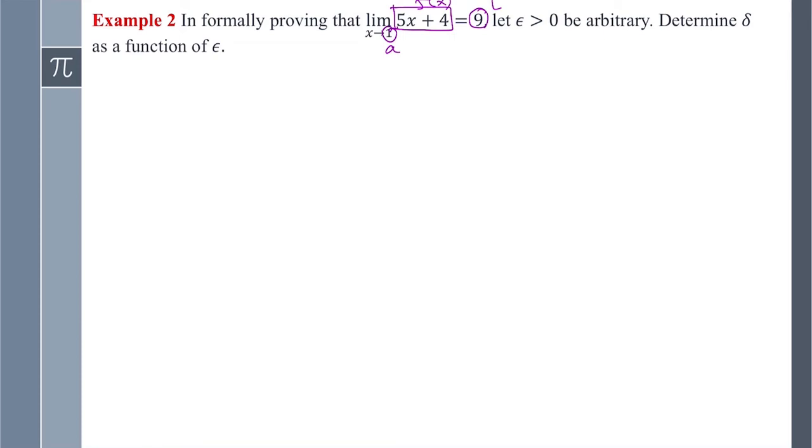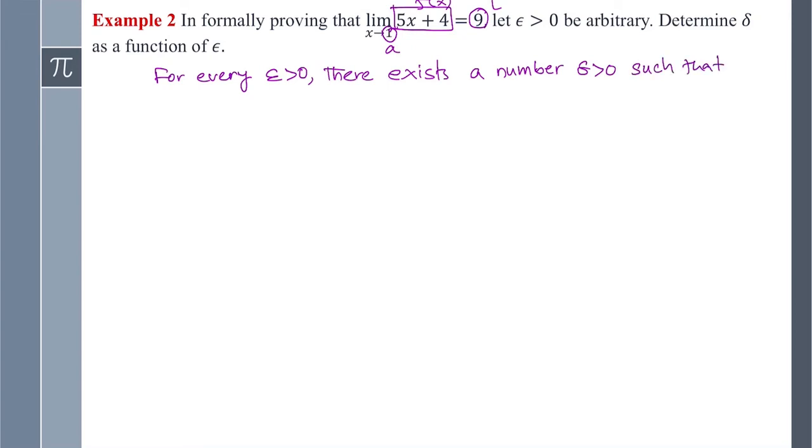So the definition says for every number epsilon greater than 0, there exists a number delta greater than 0 such that the absolute value of f of x minus L is less than epsilon whenever the absolute value of x minus a is between 0 and delta.